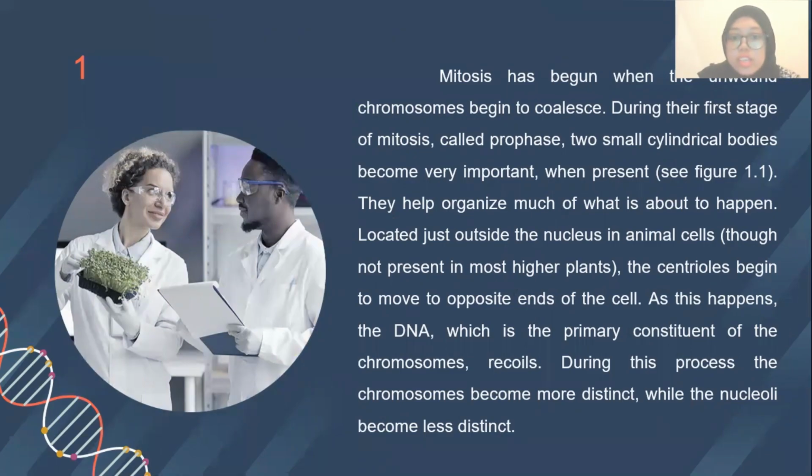Just outside the nucleus in animal cells, though not present in most higher plants, the centrioles begin to move to opposite ends of the cell. As this happens, the DNA, which is the primary constituent of the chromosomes, recoils. During this process, the chromosomes become more distinct, while the nucleoli become less distinct.